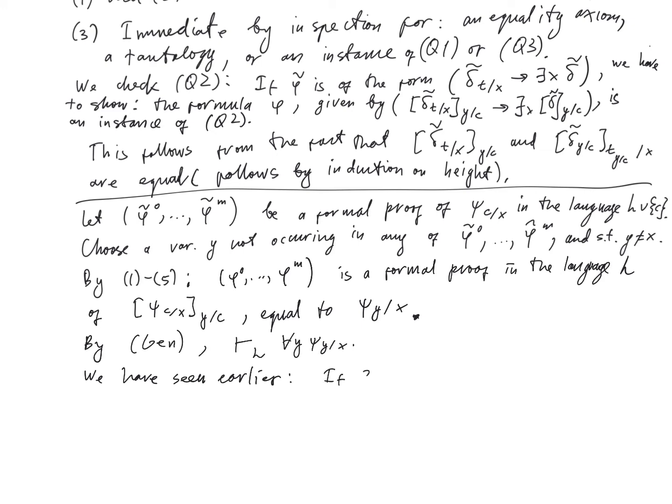If the variable z does not occur in the formula theta, then we have that the formula for all z theta with z substituting x implies for all z theta is provable, as long as theta is an L formula and x is some variable.